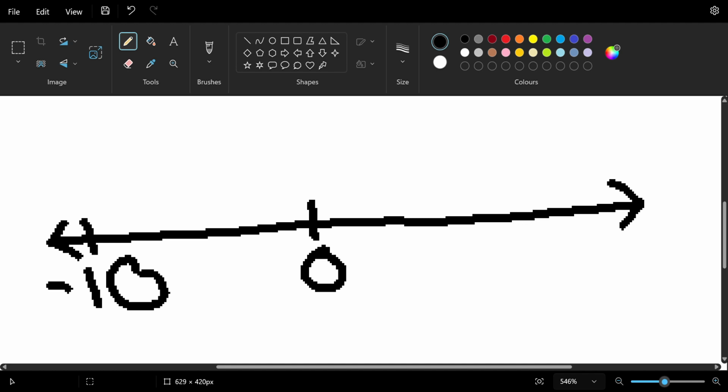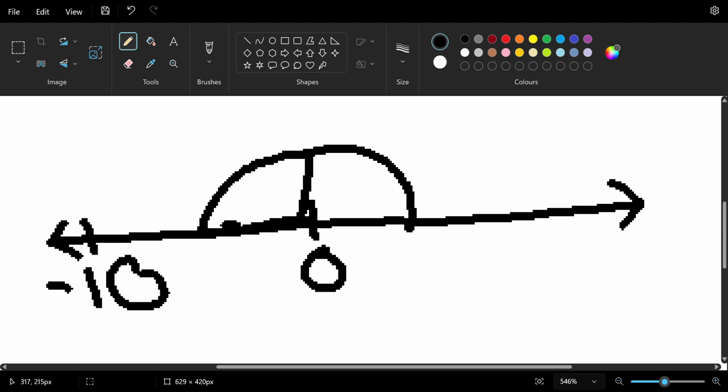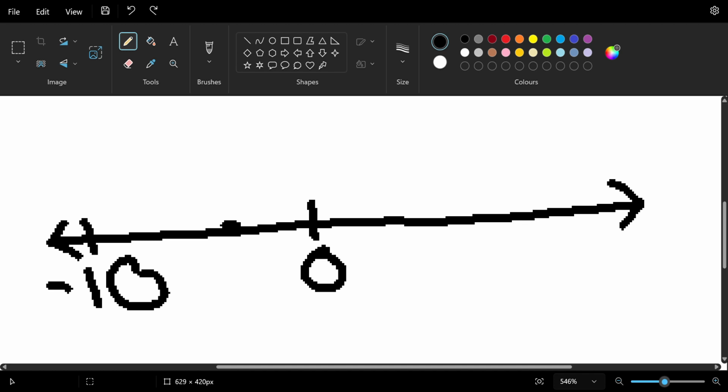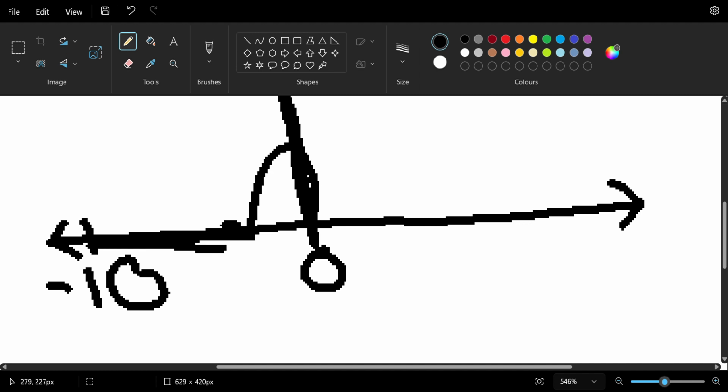Here we can simplify it. If you multiply two negative numbers, we get an angle of 180 degrees on the number line, right? What if we make that angle 90 degrees? So this times this will obviously give a negative number.